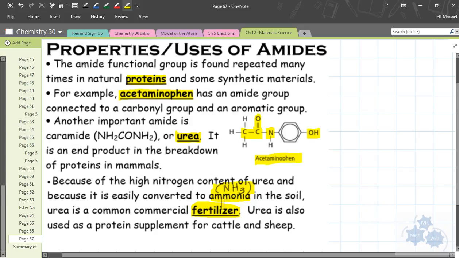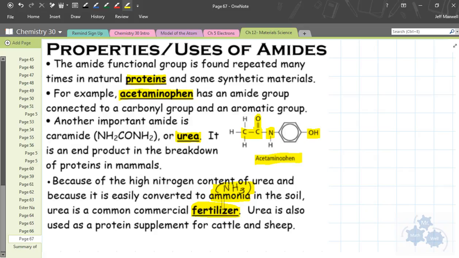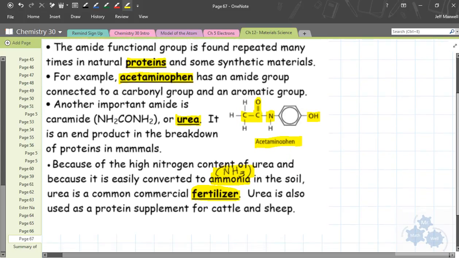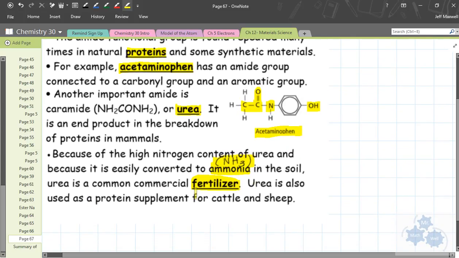We can add some fertilizer that's easier to buy, right? So this is how the study of chemistry drives industry and drives new products. So urea is also used as a protein supplement for cattle and sheep.